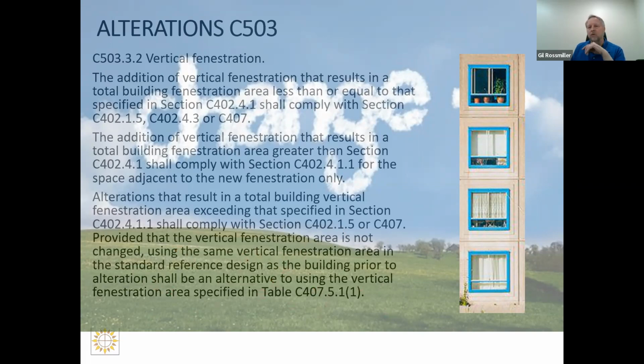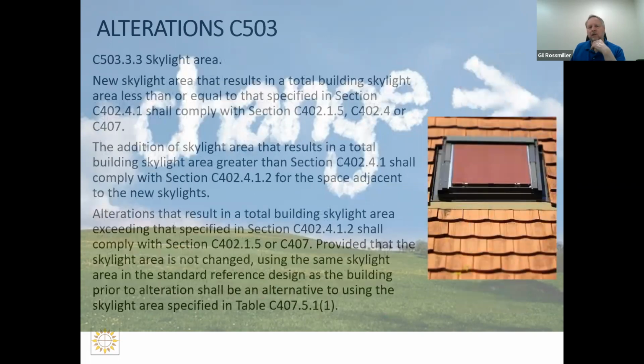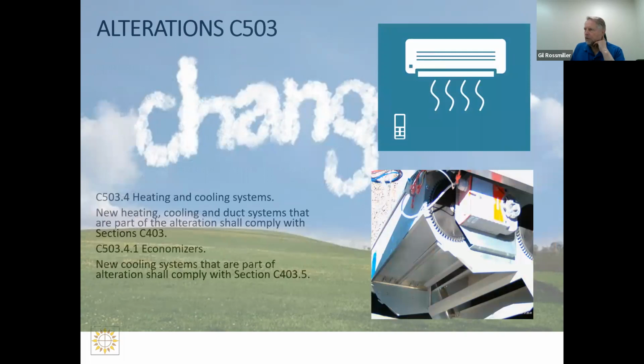Same kind of language ends up here for skylight area. Same thing, just different sections, 3 and 5%, and goes through and gives you the same exceptions that it did in vertical fenestrations. Heating and cooling systems, hey, if it's new, comply with the mechanical stuff. Go to chapter 4, chapter 403.